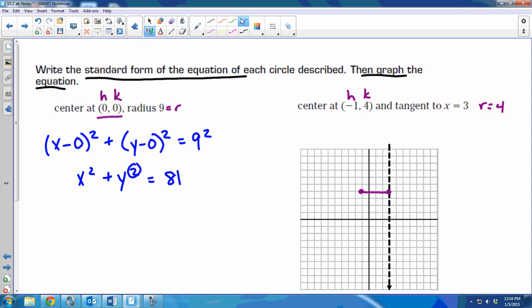So I have x minus negative 1 squared, so that becomes a plus sign, plus y minus 4 squared, and that equals 4 squared, which is 16. So far, so good. There's your equation, and I'm just going to go back and finish my circle. So I know the radius is 4 now, so from the center I can go back and put my other points in.